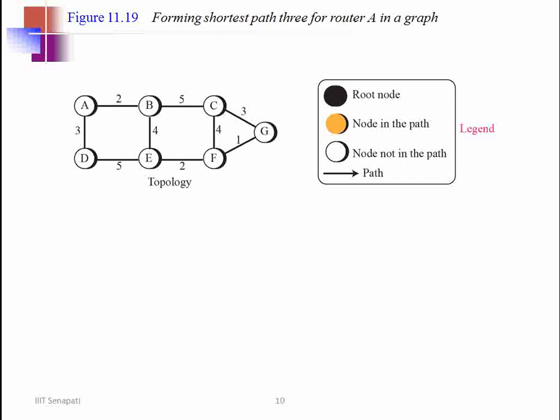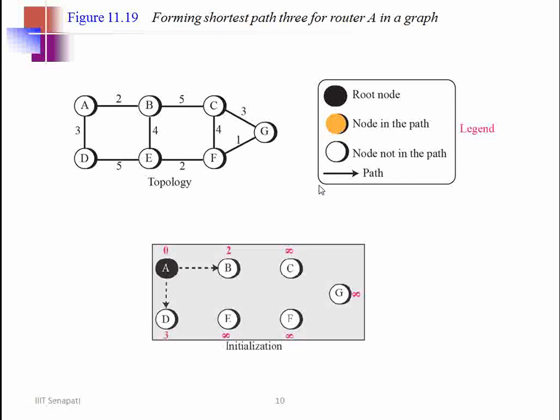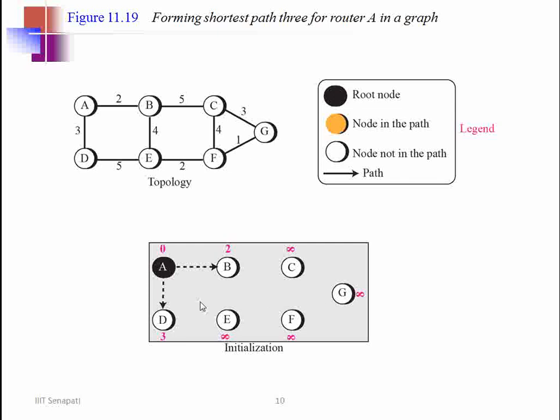So basically, suppose this is the root node and other nodes are there. You initialize these things. How do you initialize? You select one node from where you want to find the minimum path to all other nodes. You select the node as a root, and you add this A in the path.